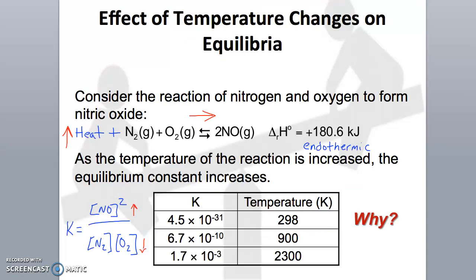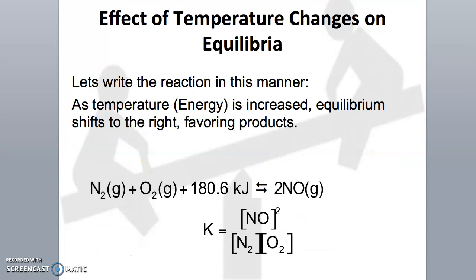In the previous problem, we said that the equilibrium constant does not change, and this is true because the temperature remained constant. Here we have a reaction with equilibrium constants given at different temperatures, and there is a significant change. Since this is an endothermic reaction, we can write energy on the reactant side, or we could write heat in place of the value.